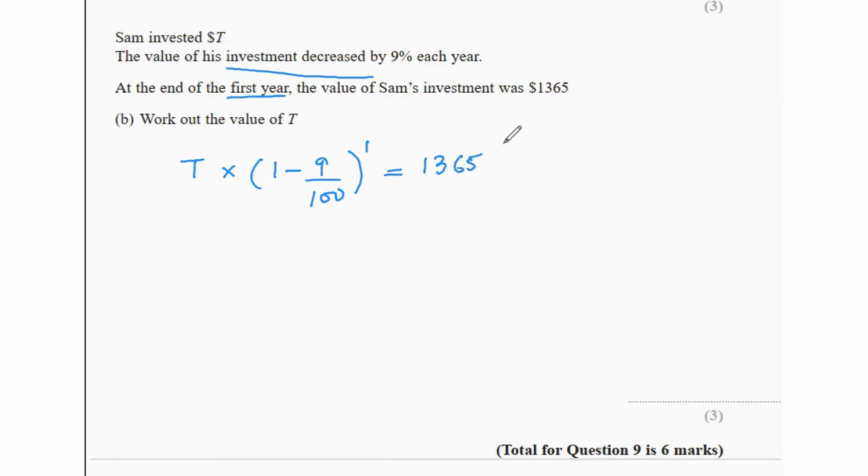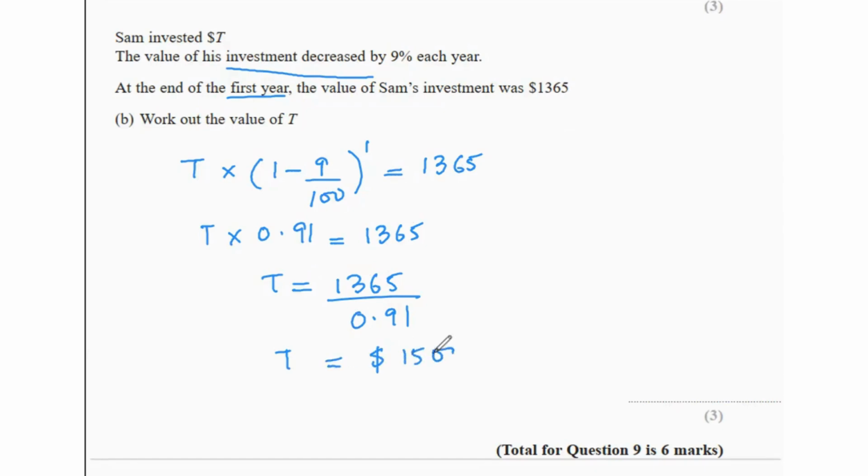So 9 divided by 100 is 0.09, and then 1 minus 0.09, which is 0.91. And then we're just going to divide 1,365 by 0.91, which gives us $1,500. So that is the amount that Sam invested initially.